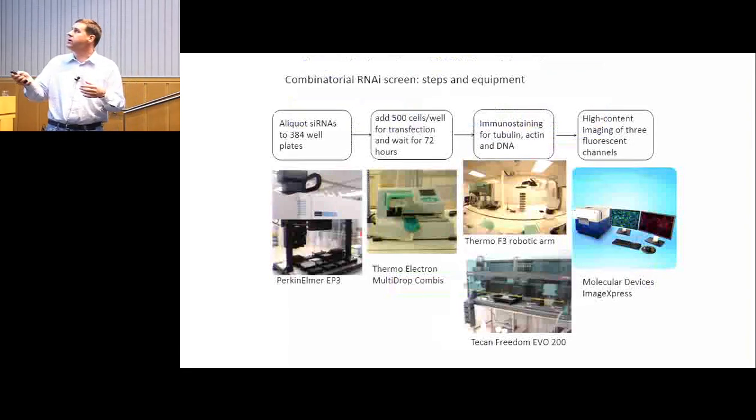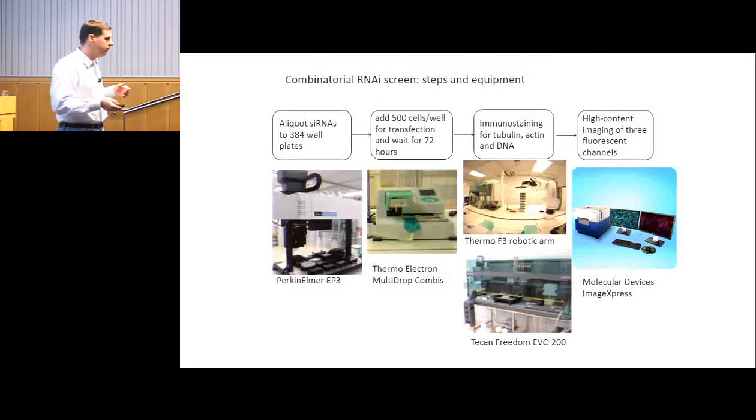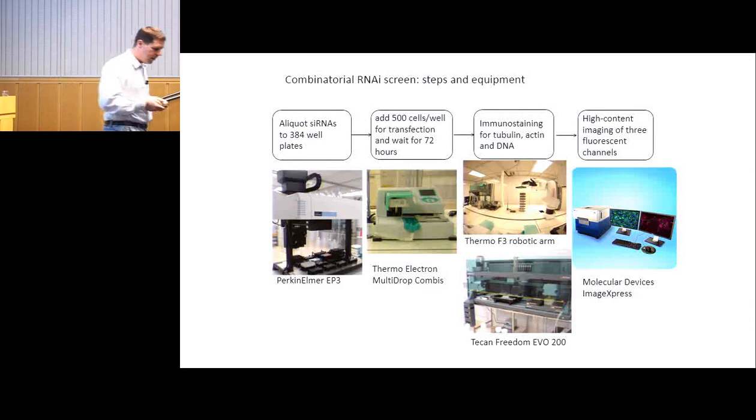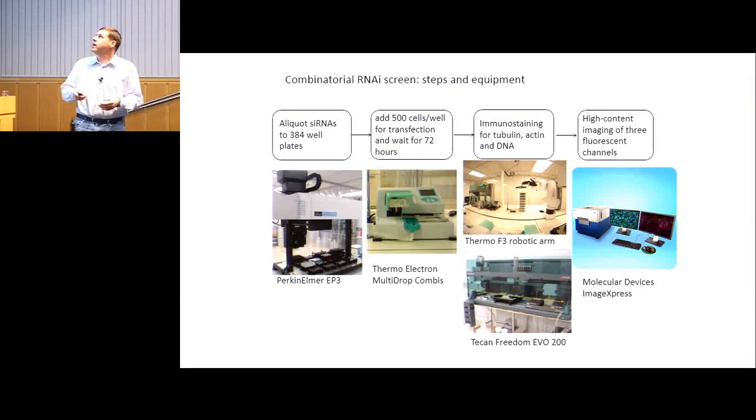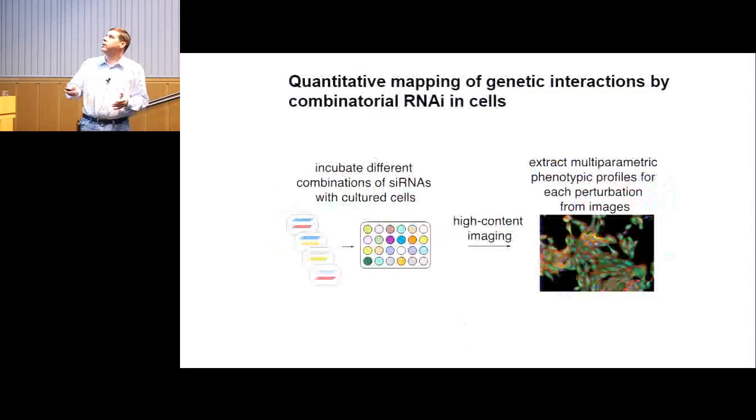We used a robotic system that is directed by Sam Bettis, who runs our core. It's one of the first cores that I set up when we started the institute. And we do basically automated high content imaging where we incubate the different siRNAs. We do individual, and then we do pairwise.